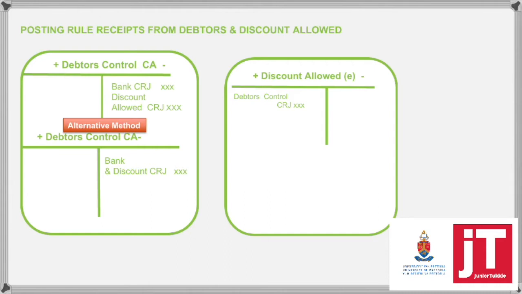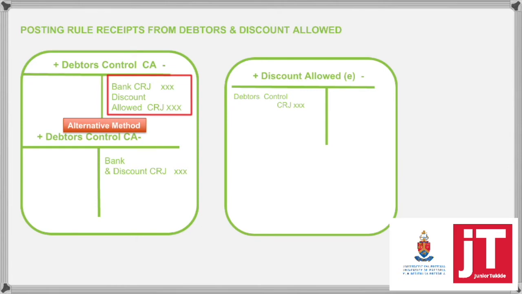So when we post from the journal, if there is the two-column method, in other words, a receipt column and a discount column under the heading debtors control, you'll look at the first one, and that will then be the one for the bank CRJ and discount allowed.